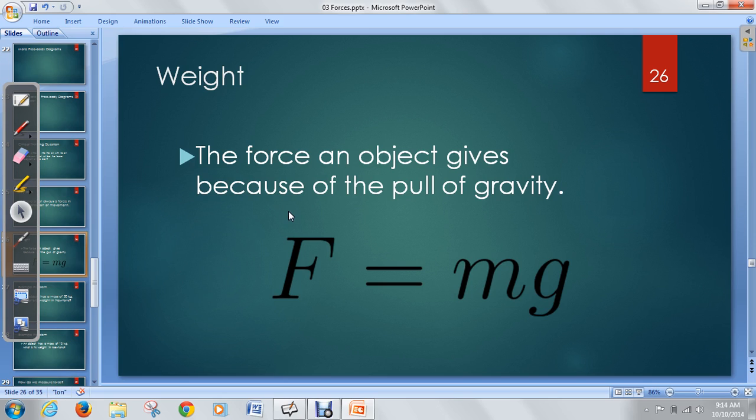If there wasn't any force, we couldn't have weight. So the force or weight that we have is equal to our mass times our gravitational acceleration. If you think of the F equals ma equation, this is just a simple replacement of g with a. So the force or weight is equal to the mass times g, the force we give because of the pull of gravity.